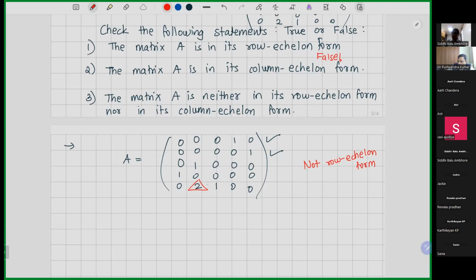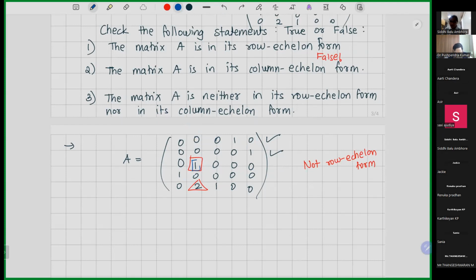So again, we'll go for columns. So for column, first column is okay, 1, and everything to its right is 0. Second column, first non-zero is 1, and everything to its right is 0. Third column, first non-zero is 1, everything to its right is 0.